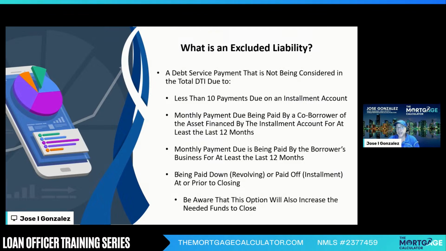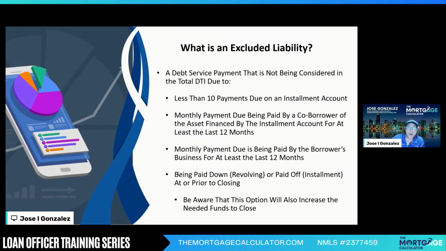Maybe you had a similar setup on the previous vehicle and you can show the track record, like this is how we do it. Or, you're really going to be up to the mercy of the underwriter, because all the guidelines call for 12 months to offset that payment when it's being paid by a co-borrower.